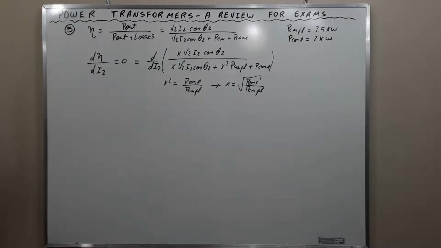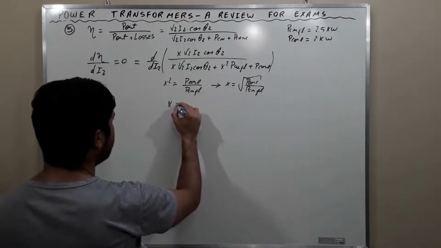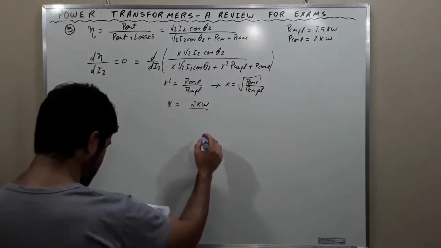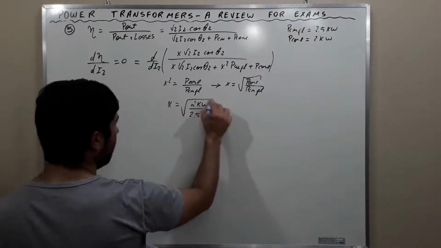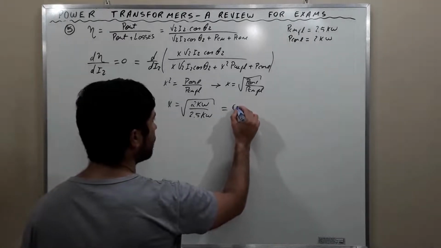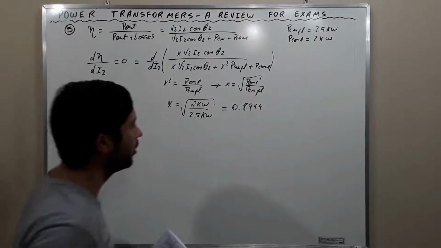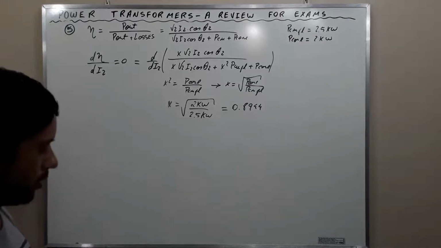Using the values furnished by the problem, we find that x is equal to 2 kilowatts over 2.5 kilowatts, and the square root of it is 0.8944.